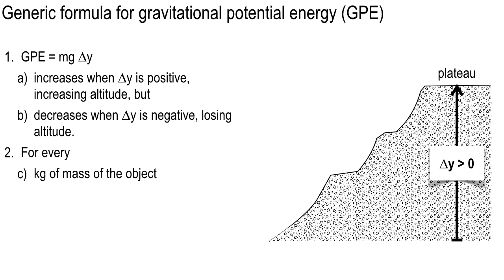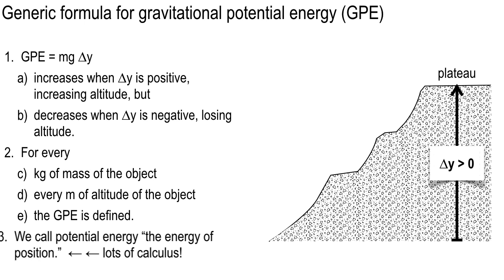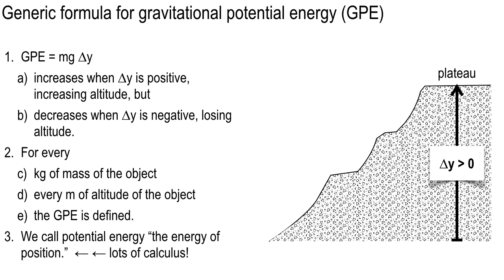So for every kilogram of mass of the object and for every meter of altitude above the base, whatever you decide your base elevation is, the gravitational potential energy is defined. Another way to think about it is that it is the energy of position. And it's a profound concept. There's actually a lot of calculus in that.